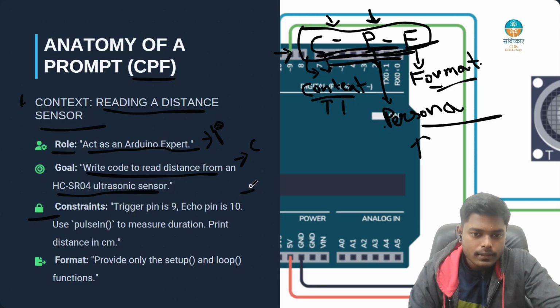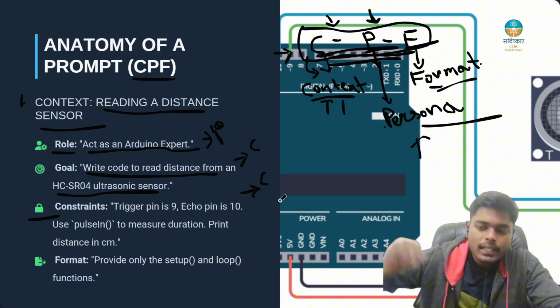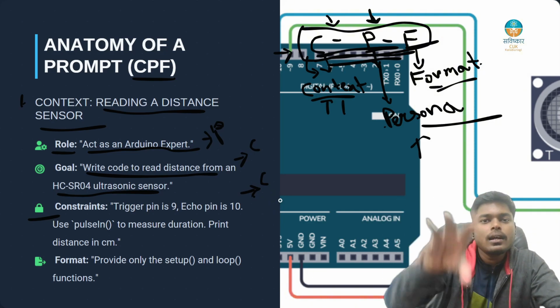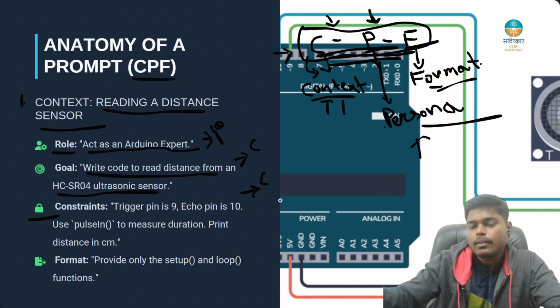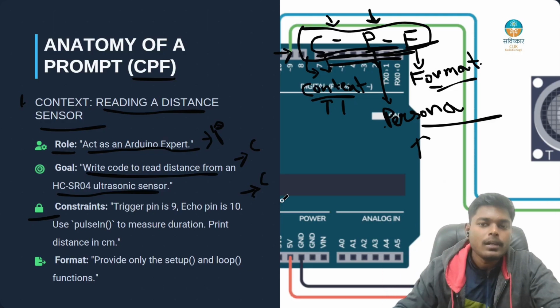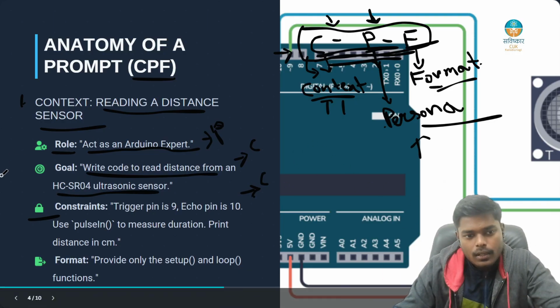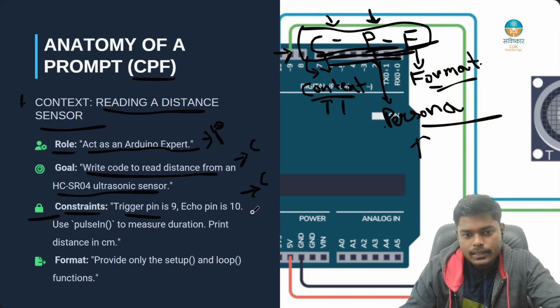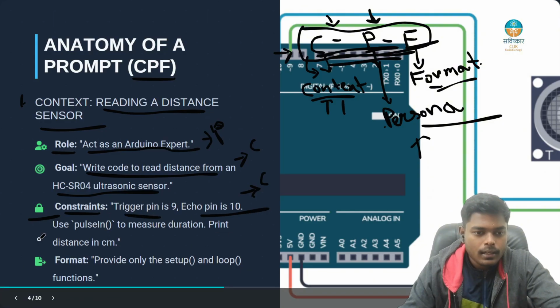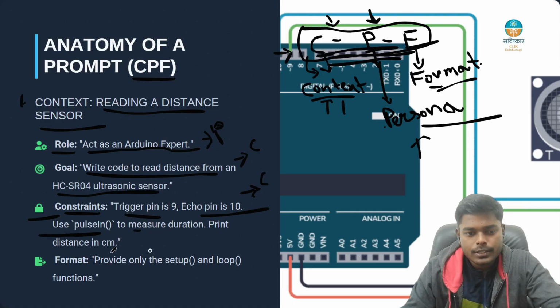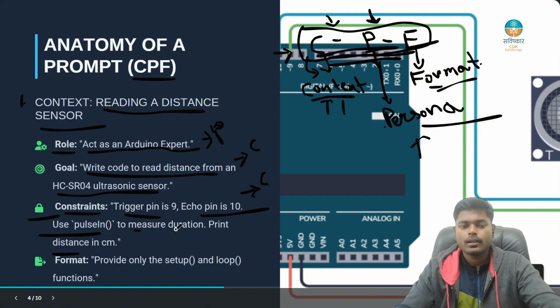Now, the constraint. This also comes under the context, right? The more details you put into the instruction, the more probable it is that your output will be favorable to your desires. If we talk about constraints, I have given: trigger pin is 9, echo pin is 10. Use the pulseIn function to measure the duration and print the distance in centimeters.